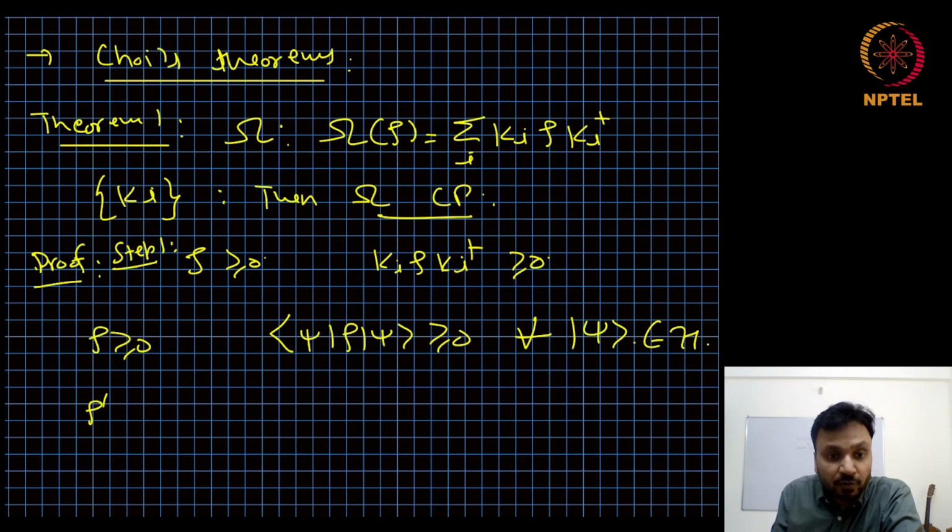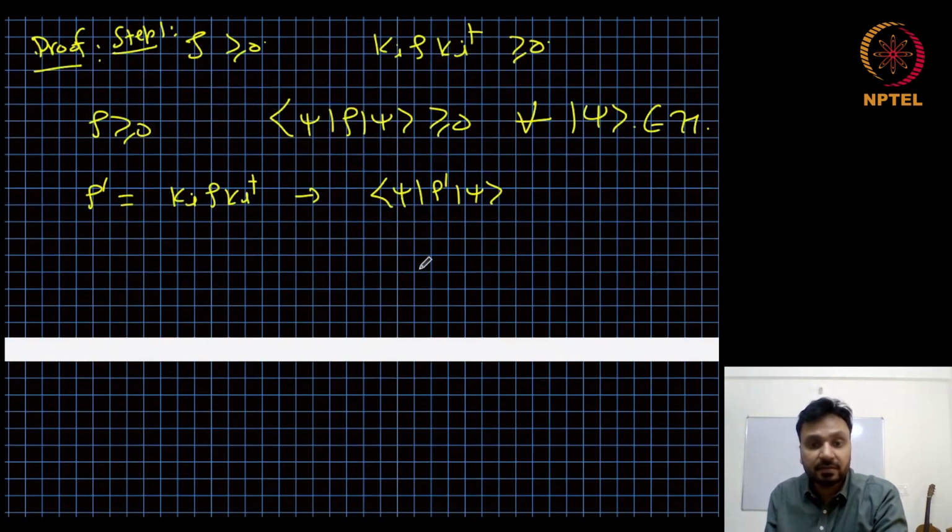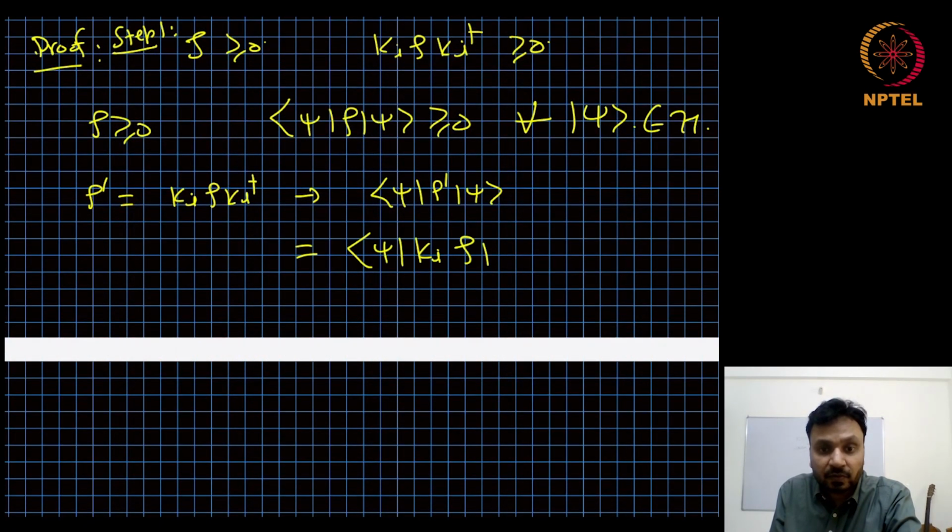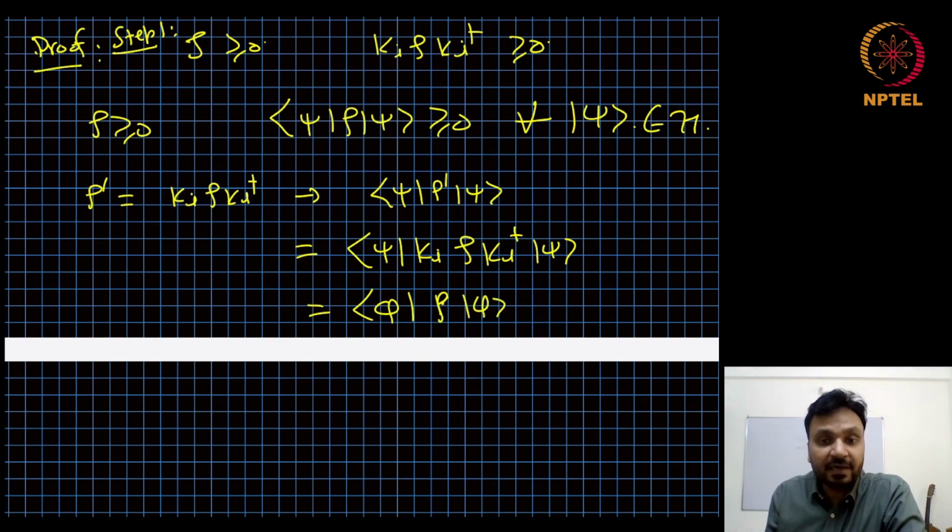Now, if we have rho prime, which is K_i rho K_i dagger, then <psi|rho prime|psi>, which is equal to <psi|K_i rho K_i dagger|psi>, let us call it <phi|rho|phi>. K_i need not be unitary, it can be any arbitrary operator, so phi need not be normalized, so we can put a normalization constant N outside so that phi is normalized, and N is a positive number.